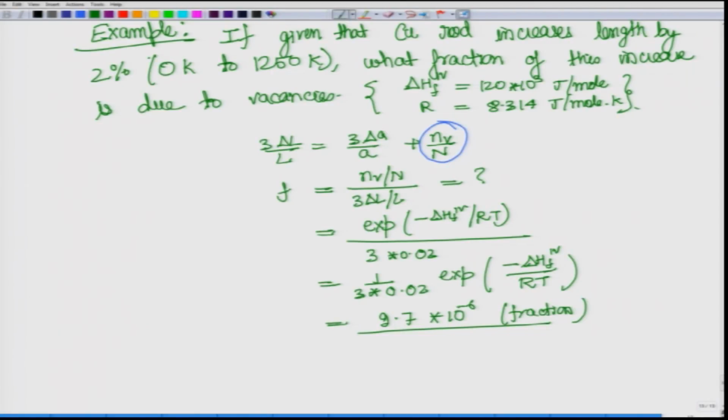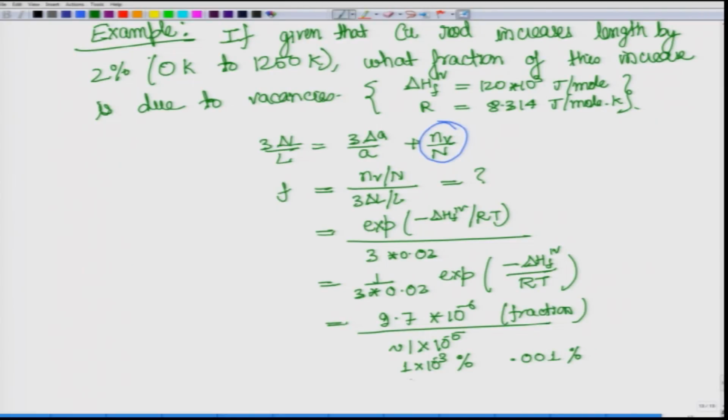So, it is approximately 1 into 10 to the power minus 5, or 1 into 10 to the power minus 3 percent, which is 0.001%. So, of the total increase in the length of this copper rod, when you go from 0 Kelvin to 1250 Kelvin, only 0.001% can be attributed to vacancies.